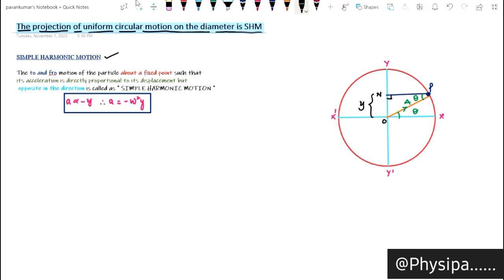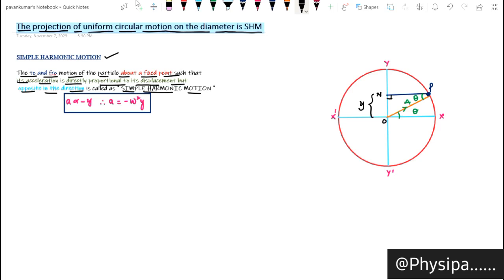It is defined as the to and fro motion of a particle about a fixed point such that the acceleration is directly proportional to its displacement but opposite in direction.